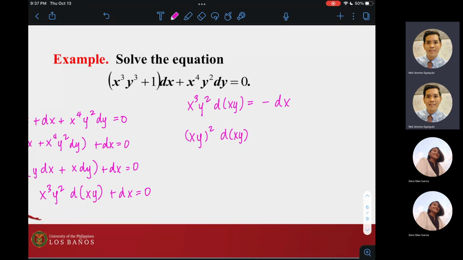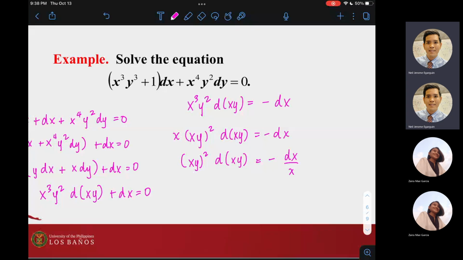Meron pa tayong matitirang x dito sa left side, right? But can we manage with this leftover x? Luckily, we can, because the right-hand side treats x to be its variable. So I can divide both sides by x and come up with xy quantity squared with respect to xy equals negative dx over x.